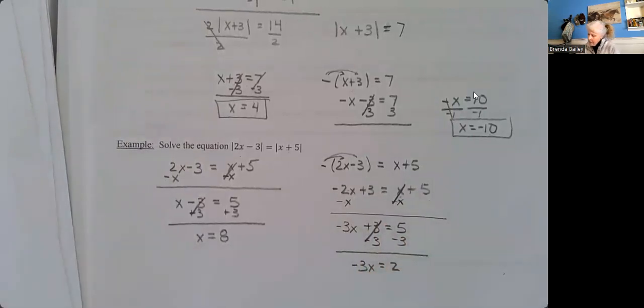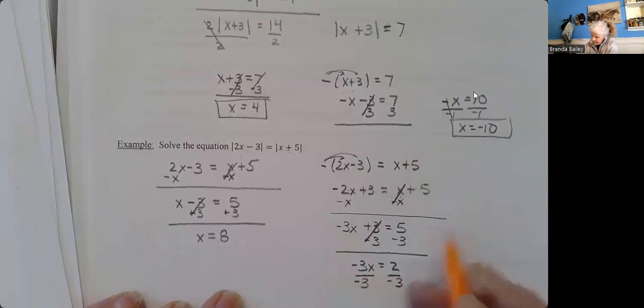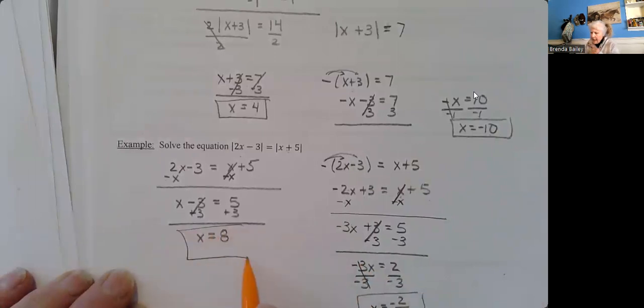So I hope I didn't make a basic mistake somewhere. It doesn't look like it. Looks okay. All right, so then you divide by a negative 3. X equals a negative 2/3 and x equals 8.